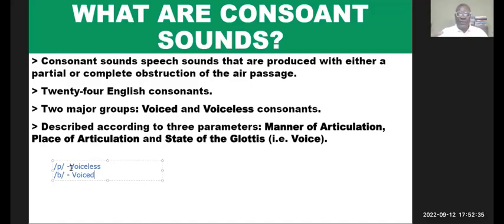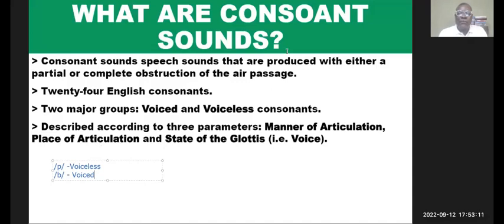When you produce P, these two cords open and the air passes freely. So there is no friction, there is no vibration. But when you produce B, these two valves come together, and there is a kind of obstruction, and the air passing is having some difficulty, and there is vibration. So you produce a voiced sound. Those are the two types of sound, voiced and voiceless, okay?